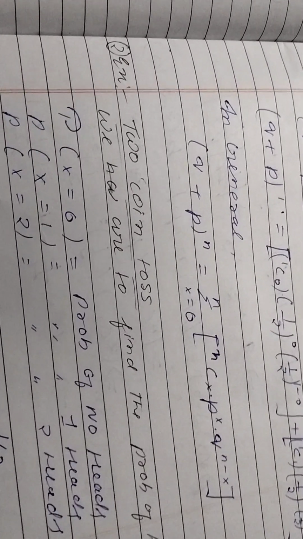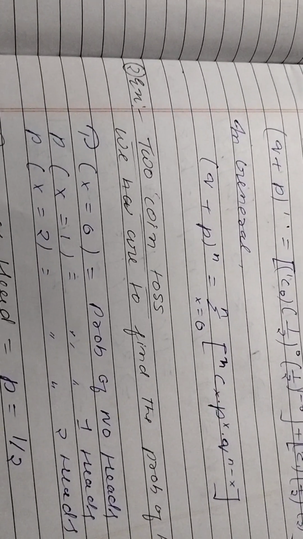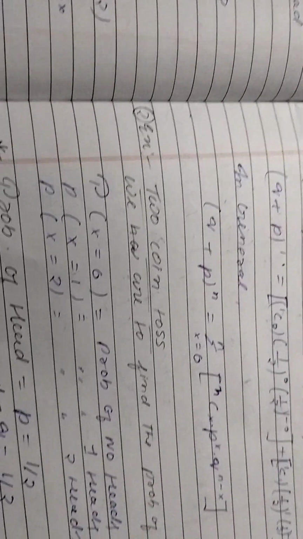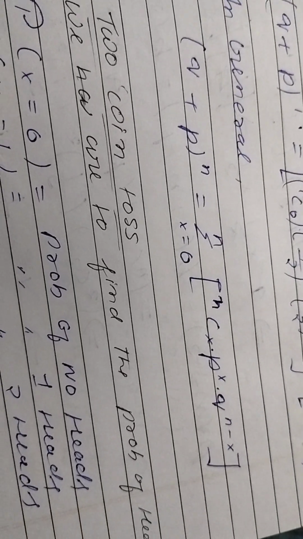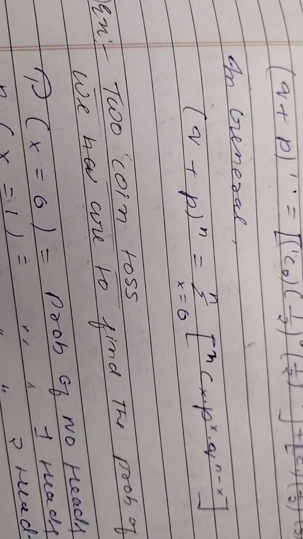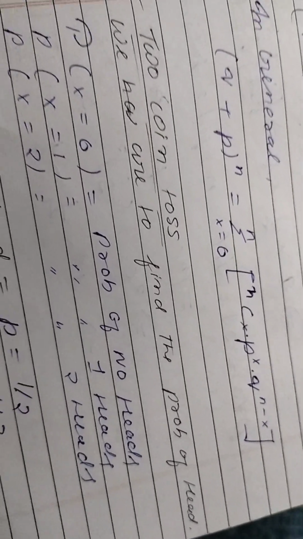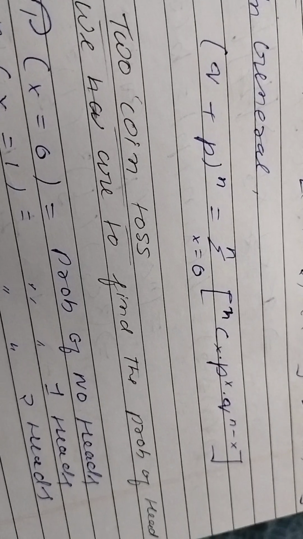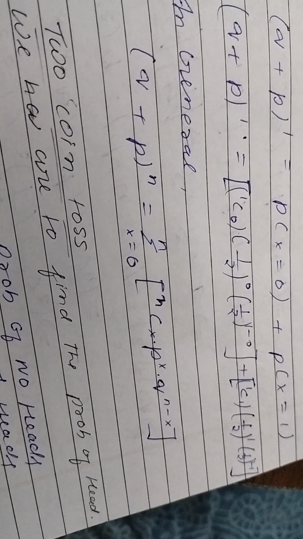And then we have the summation. Summation is there because you don't know the number of trials, and x is equal to 0 because it starts with 0 and you don't know the ending, so it is 0 to n. Then we have nCx in the combination, then we have p^x and q^(n-x), which is the formula of the binomial, written in the bracket, but it is a summation because all the experiments are added up.